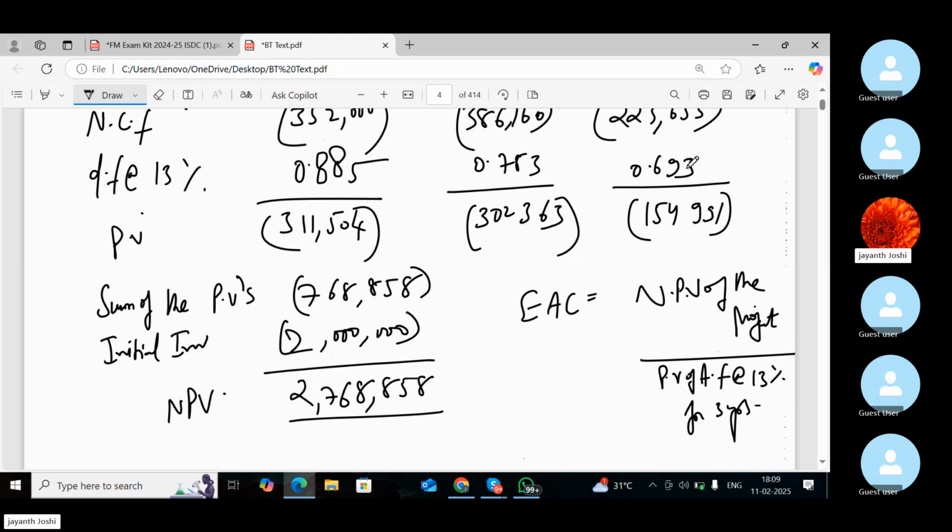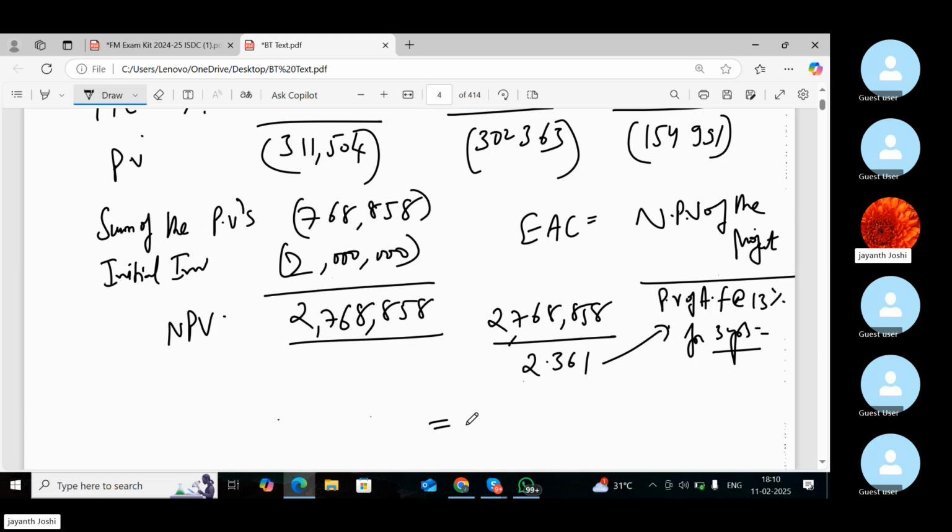No need to do all the calculations. 0.885 plus 0.783 plus 0.693, it's going to be 2.361. So for this question, I'm putting this present value of annuity factor at 13% for 3 years. So 2,768,858 as per the question divided by 2.361. This is the present value annuity factor at the rate of 13% for 3 years.